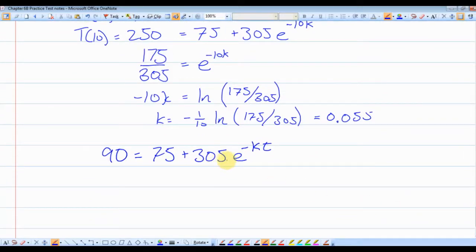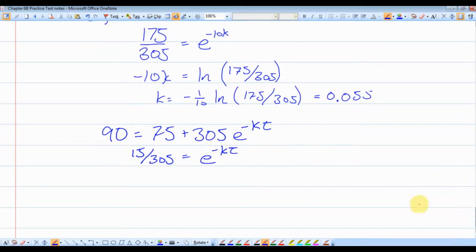Okay, we're going to go ahead and keep solving here. 90 minus 75, 15. So we have 15 over 305 equals e to the negative kt. Remember, k is already a constant that we know the value for. k is 0.055.